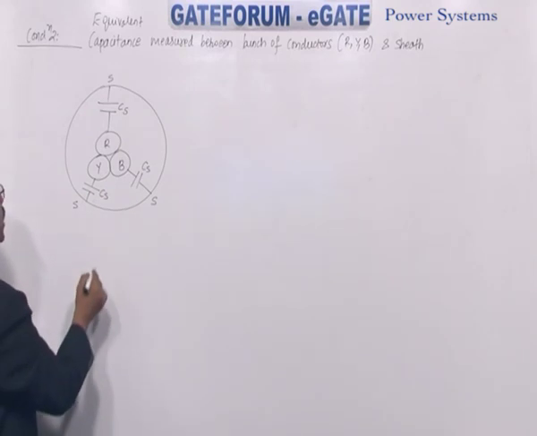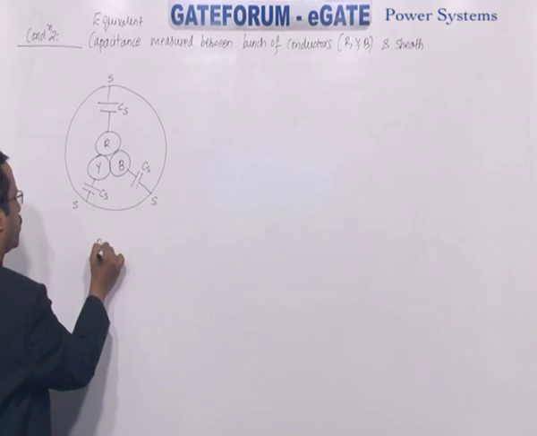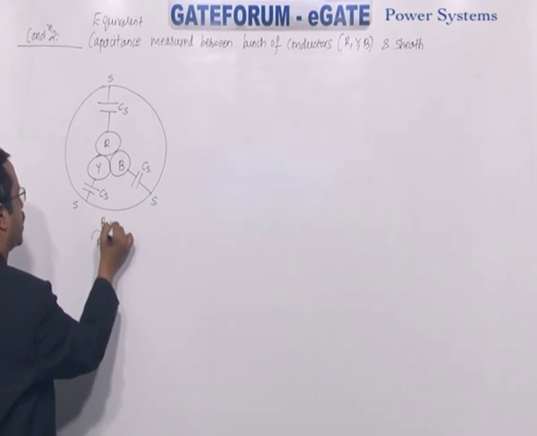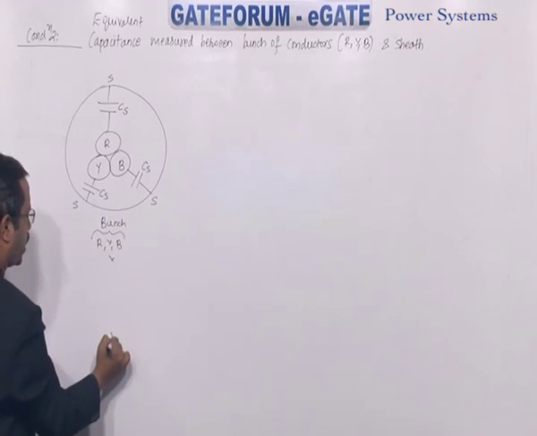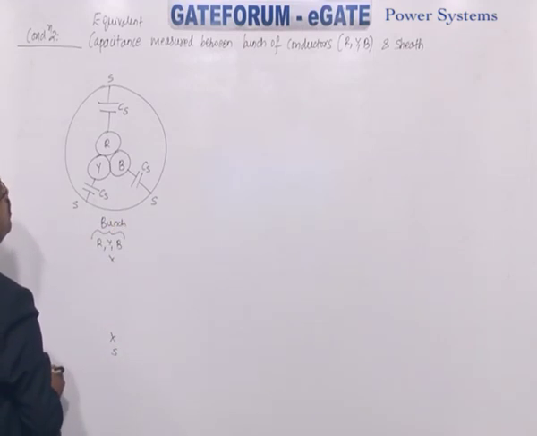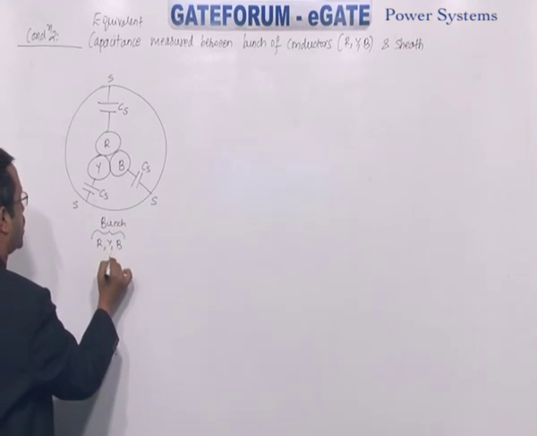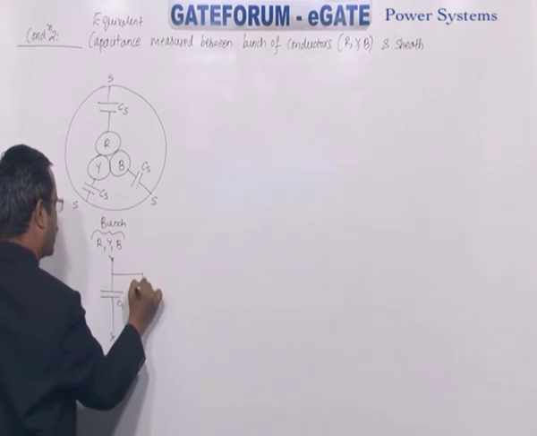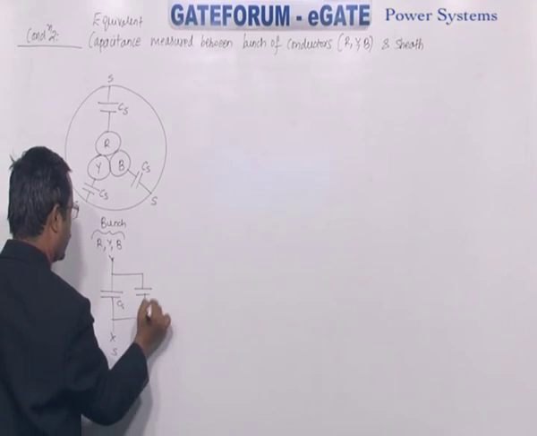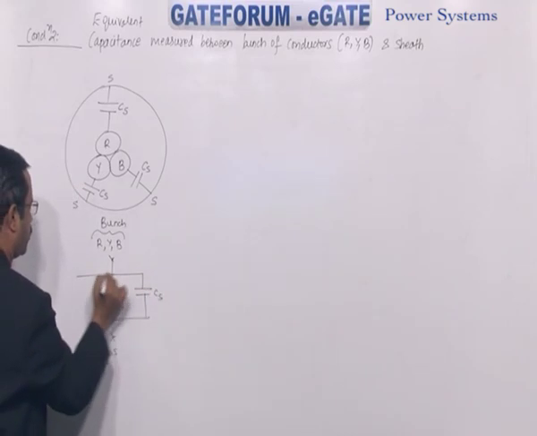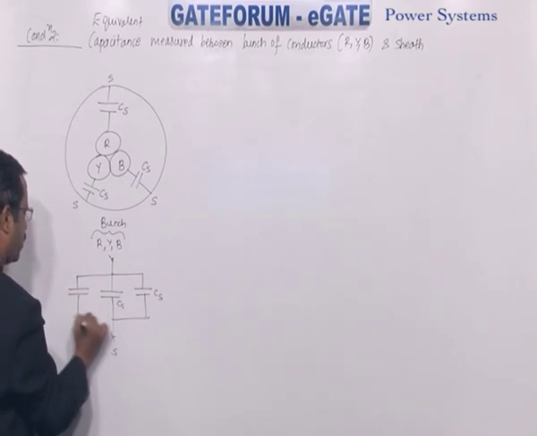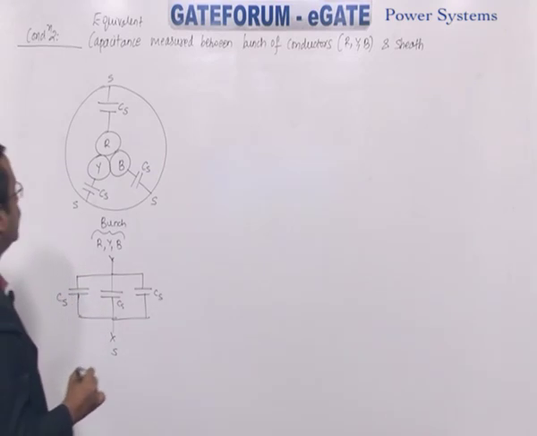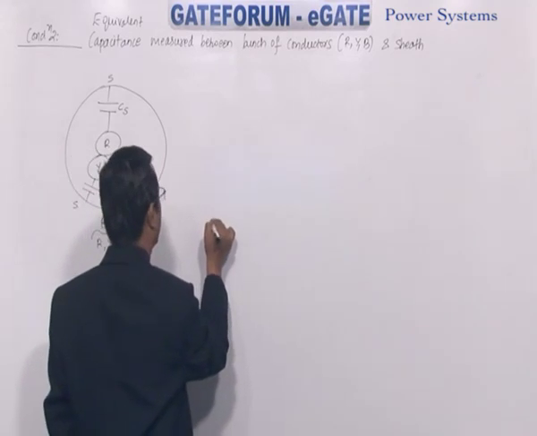So now when you draw the equivalent circuit, you provide the bunch now. RYB forms a bunch. Now you have sheath. What you have between R and sheath? We have CS. Y and sheath? We have CS. B and sheath? You have CS. So three capacitors in parallel.